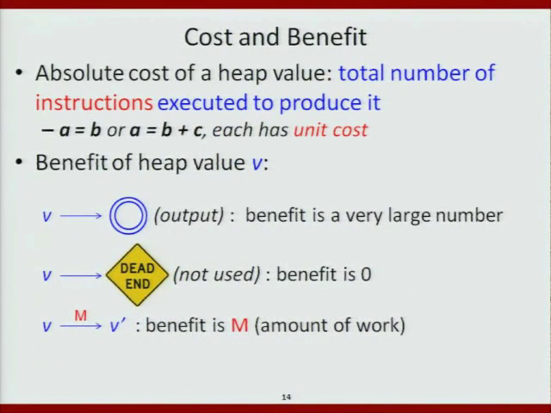The third case here is the most common case, where this heap value is used to produce another heap value, v prime. In this case, the benefit of v is defined as the amount of work done to transform v into v prime. So there's some kind of relationship between the cost of v prime and the benefit of v. Again, these are just intuitive definitions. I'll give you more formal definitions later during the talk.